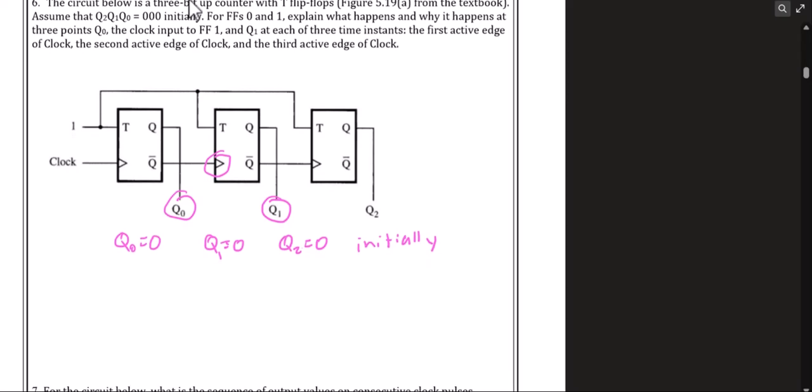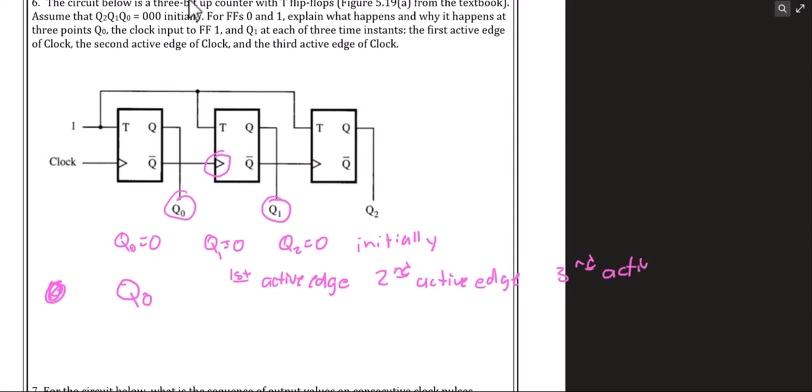Okay, so we're looking at Q0, and I'll say first active edge, second active edge, and third active edge. Okay, what is our input into our flip-flop?